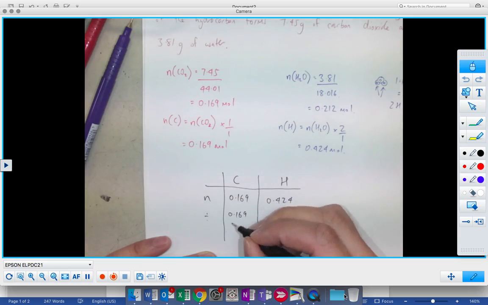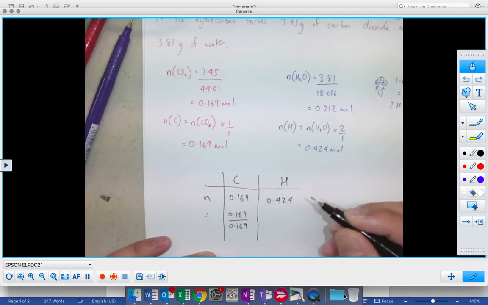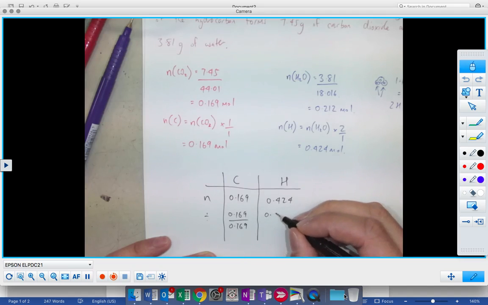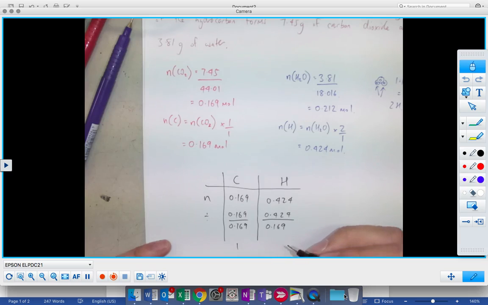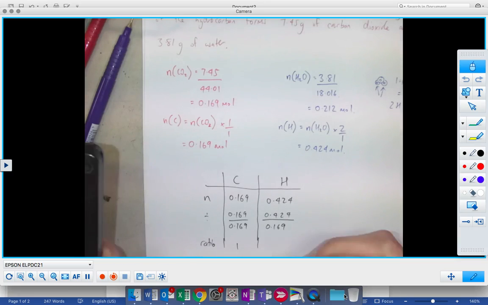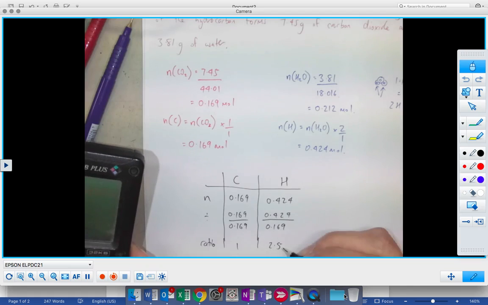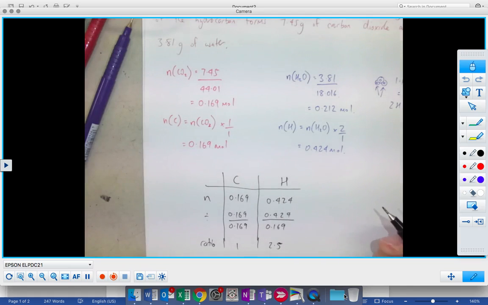So 0.169 over 0.169 is 1, and the other is 0.424 divided by 0.169, which is 2.5.